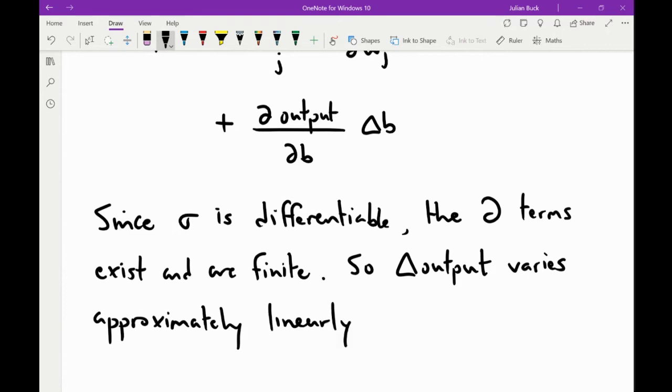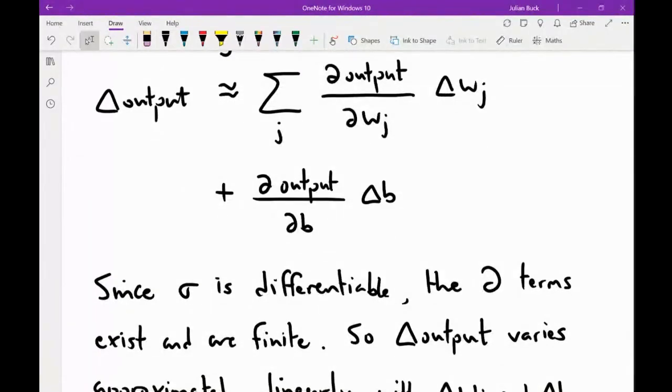So it's very controllable, right? If the change is linear, it's very easy to see then how it changes as we make slight incremental changes in the weights and the bias. So it varies approximately linearly with the change in the weights and the change in the bias. So that's what we mean by we can control the sizes of the change, right?